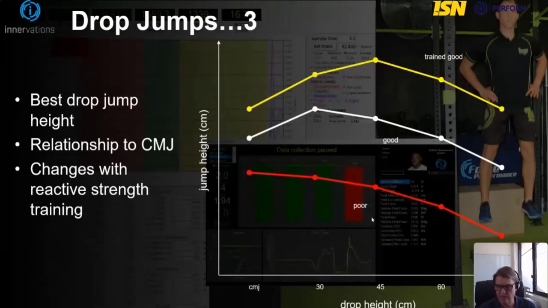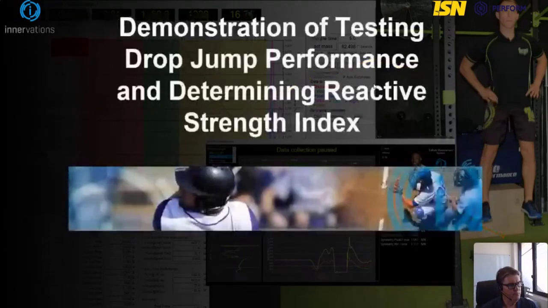So now it's from 45 centimetres. So again, very useful methodology to plan your plyometric training where you're going through a periodized cycle trying to increase reactive strength. Again, I won't go through an example here of testing drop jump performance and determining the reactive strength index just through the constraints of time.